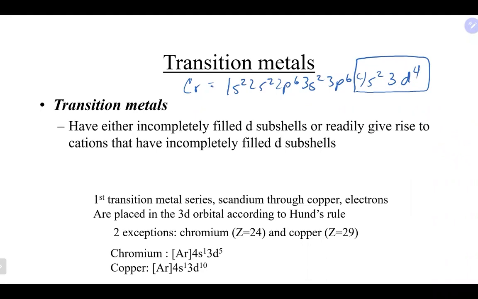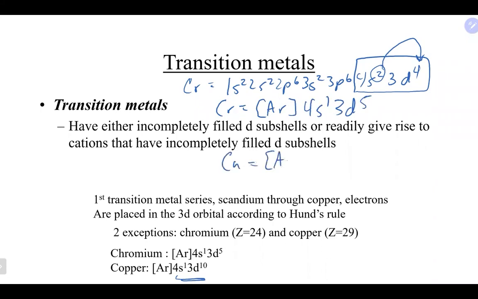So basically one of the electrons comes up into the d orbital. It also happens with copper. So chromium's configuration, shorthanded, would be argon 4s1, 3d5, and copper would have the same exception, except that it would fill up all of the d orbitals and have 3d10.